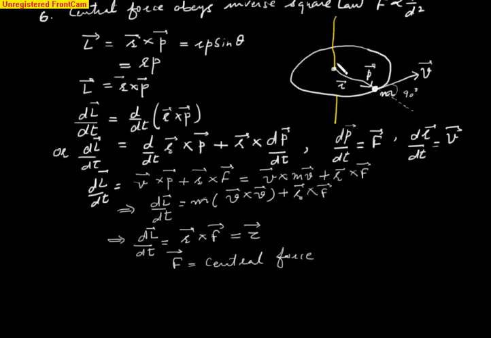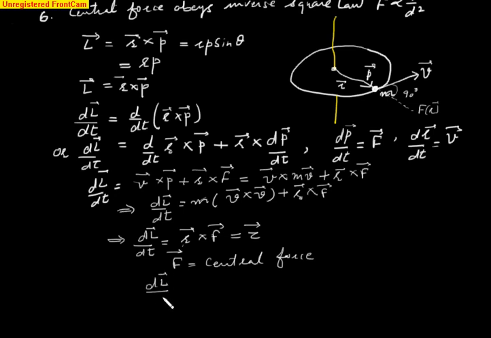Between these two bodies there will be the gravitational force, and naturally this force is along the line joining the centers of these two bodies, along R, which means that the direction of F and the direction of R are the same, and if it is so, then R cross F will also be 0.